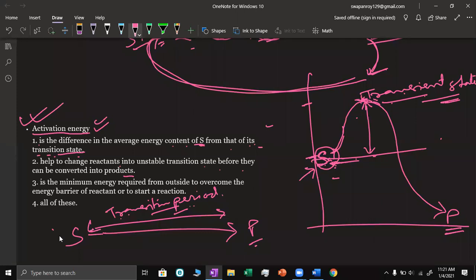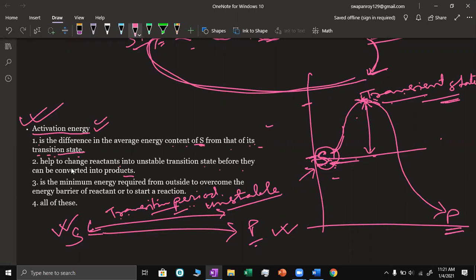The substrate is stable, the product is stable, but in between it is unstable.